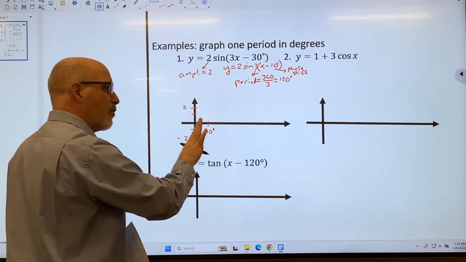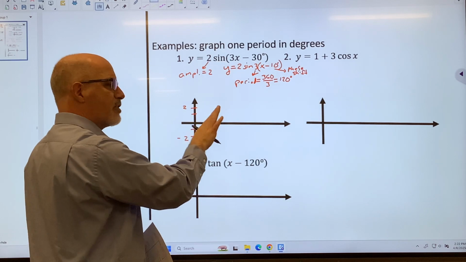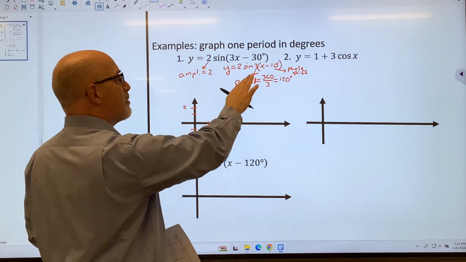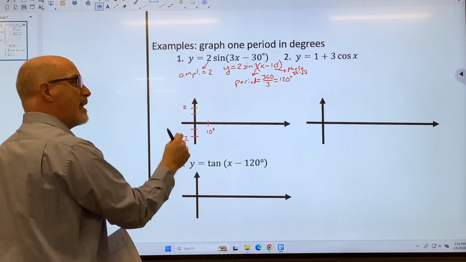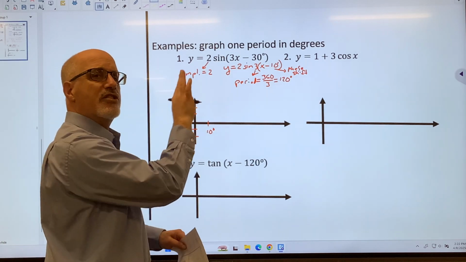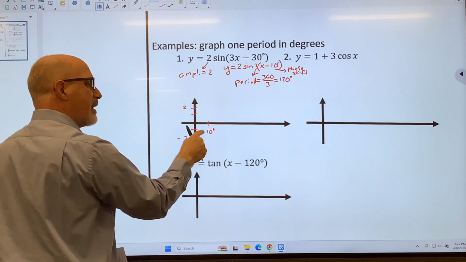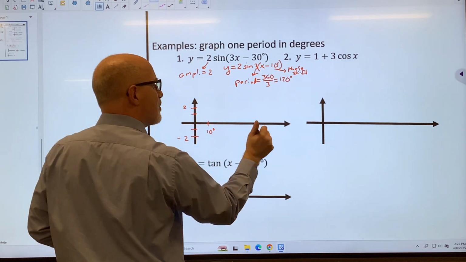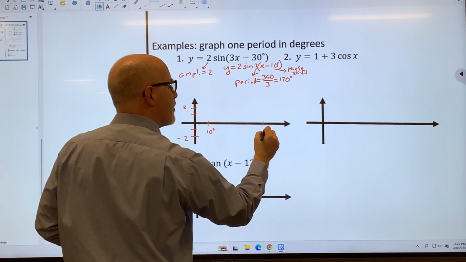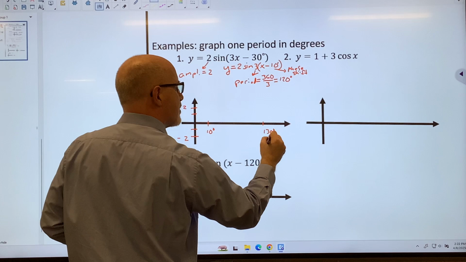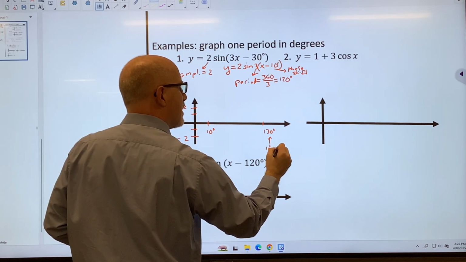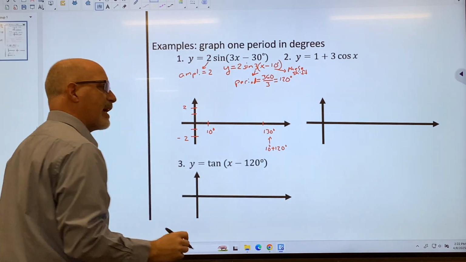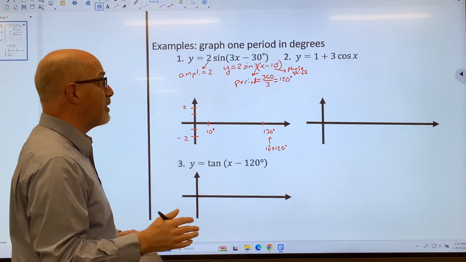So I shifted over 10 degrees from where we usually start on the axis. Now I'm going to lay off one full period out to 120, but that's 120 past my starting point. So I've got to take 10 plus the 120, and that's going to give me 130 degrees out here. So I'm just going to make a note here that this is 10 degrees plus 120 to get out to the ending place of my one period.